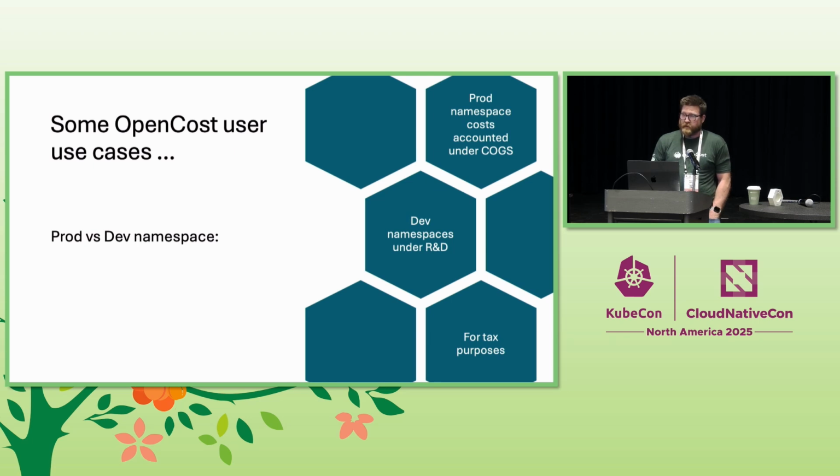So some possible use cases for OpenCost. This is a pretty contrived example, but it demonstrates the power. Let's say you have a prod namespace in a cluster and it's all of your cost of goods, and you have a dev namespace that's basically R&D. And I'm no accountant, but I think there's some pretty heavy tax implications there.